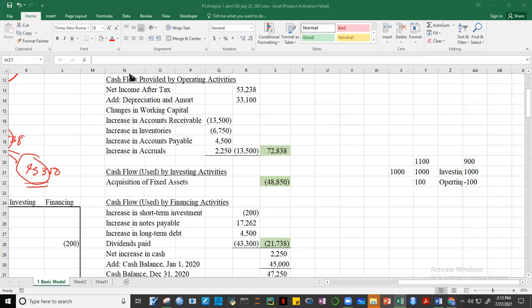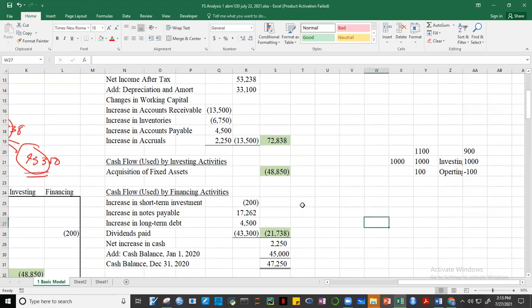Marion, ano lang, yung sa Excel nyo, kung hindi nyo pa nagagawa, i-complete nyo. Kasi baka iba sa inyo hindi pa nakasunod. So now is the time to complete your statement of cash flows. And if you have any questions, feel free to ask kung may unclear na portion dito.